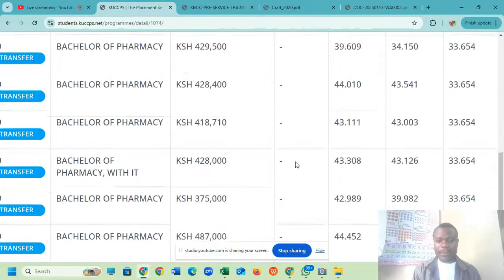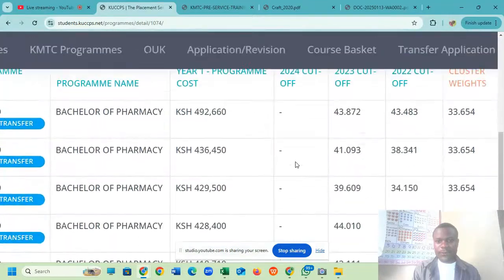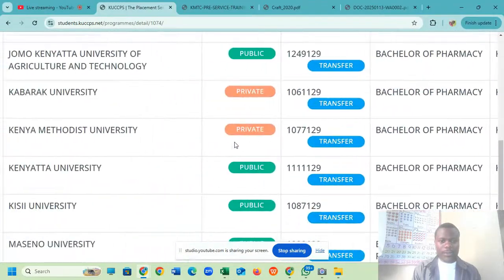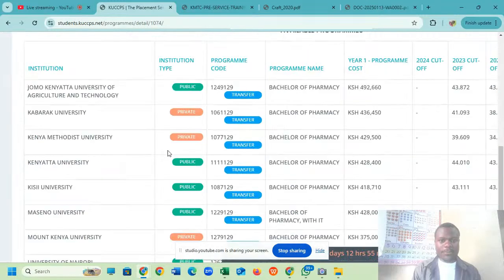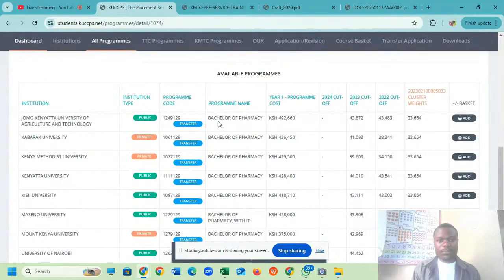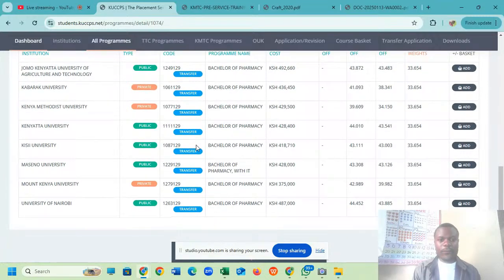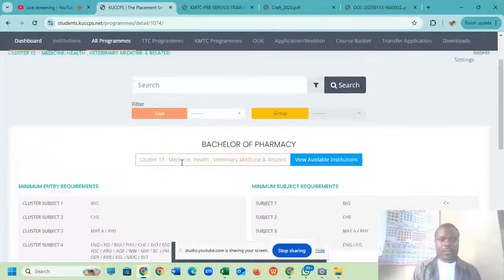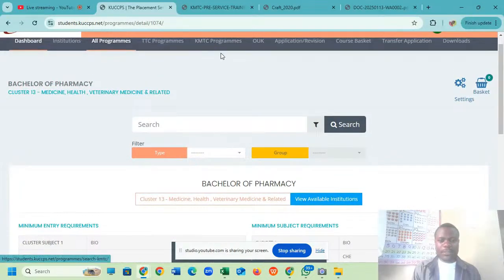Soon they'll be updating those cluster points before you start the KUCCPS application, which will commence in early February. So right now we are supposed to prepare ourselves with at least 3 to 4 courses that are of your interest. So make sure you identify your cluster of interest, and we have different clusters.